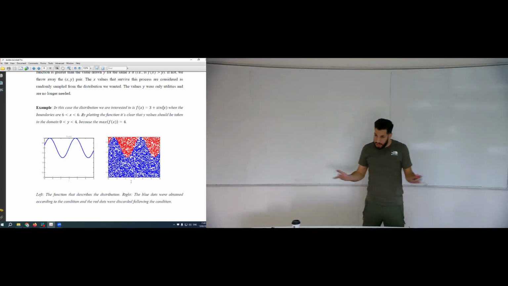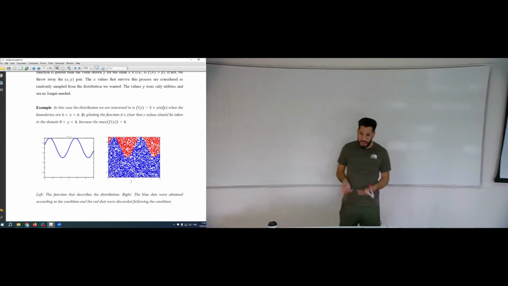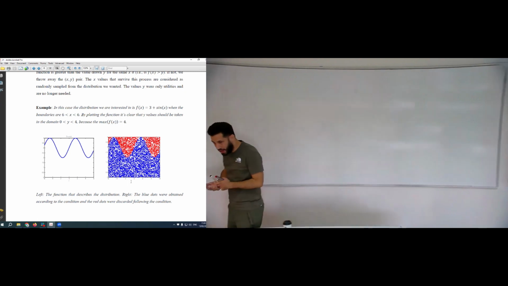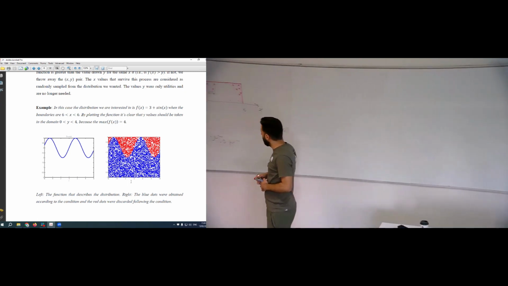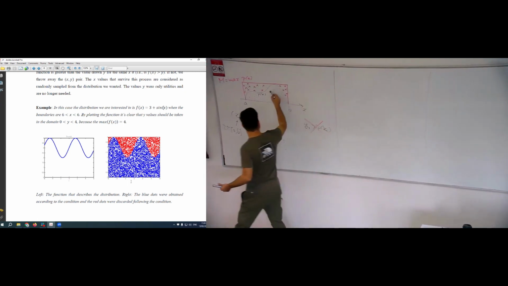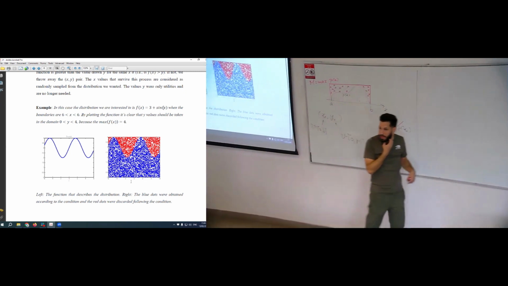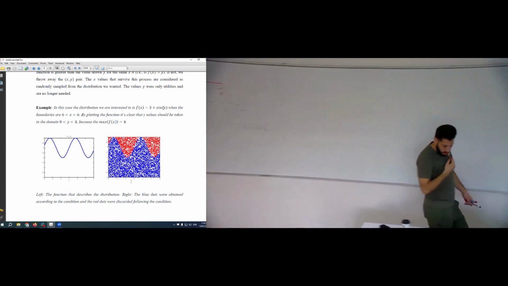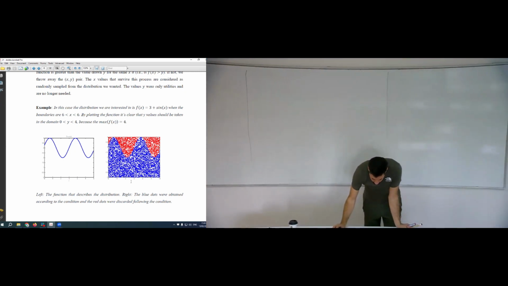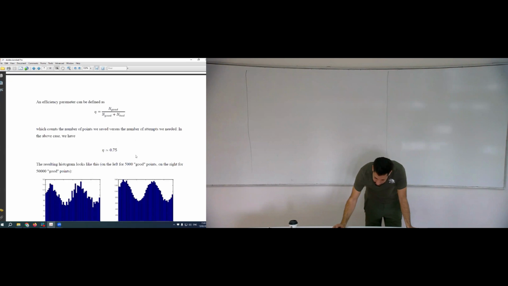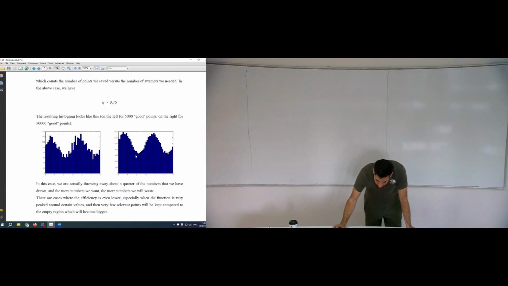And of course, the efficiency of this, the number of accepted points divided by the number of all points I have sampled, is what? Is this region divided by the whole rectangular region. Okay, the area. So here, for example, if you calculate the efficiency, it's this area divided by the whole area, it's 75%. And it's so clear for you.